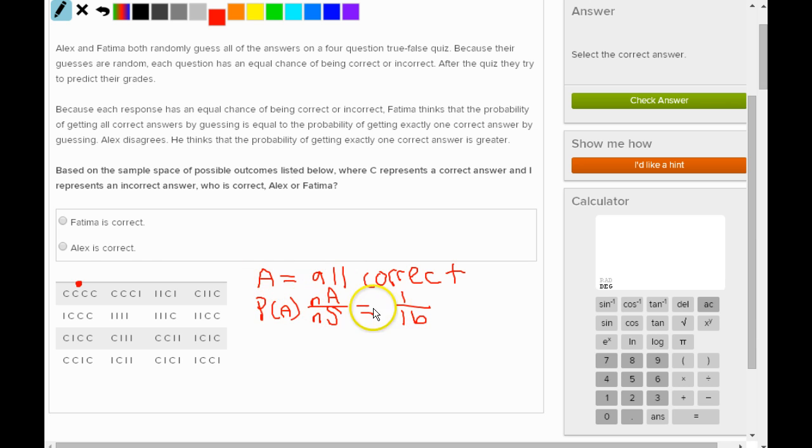So that's the probability that you could guess them all 100% correctly. Okay, now let's do B, and we'll pick a different color here. So B we're going to define as getting 1 correct, because that's what Alex said, if I remember right. 1 correct.